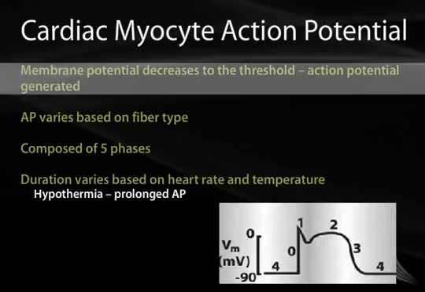The rapid upstroke only occurs when the cardiac myocyte leaves its resting potential and hits the threshold potential. The threshold potential is approximately -70. This occurs when a neighboring cardiac myocyte depolarizes and the ions from that cell enter the neighboring cell. The neighboring cell then is able to reach threshold potential and voltage-gated sodium channels open.